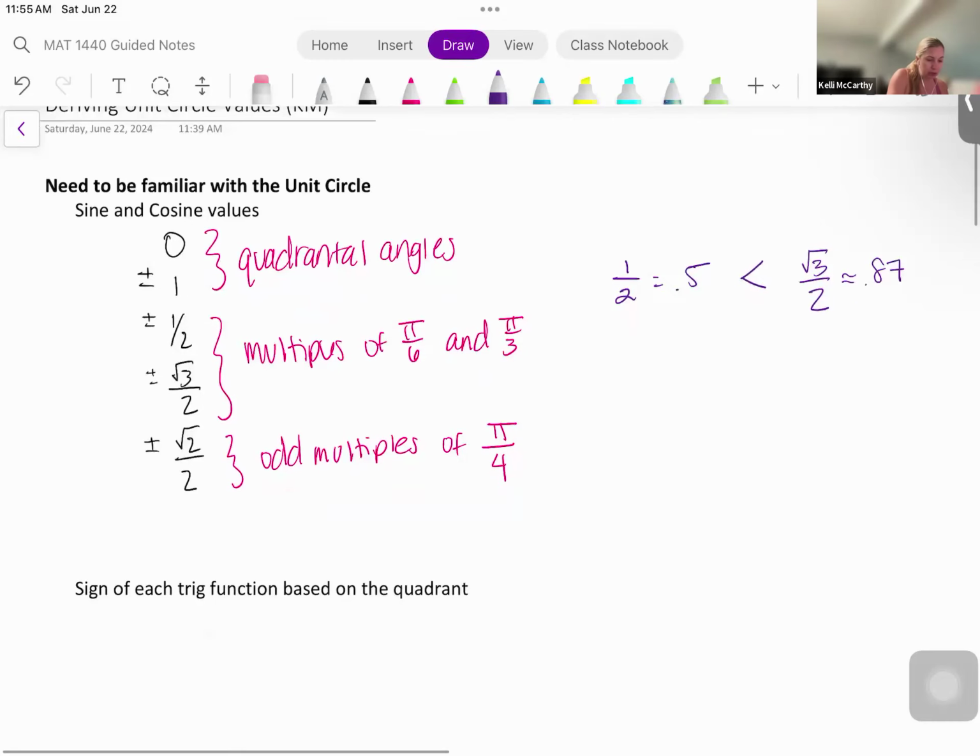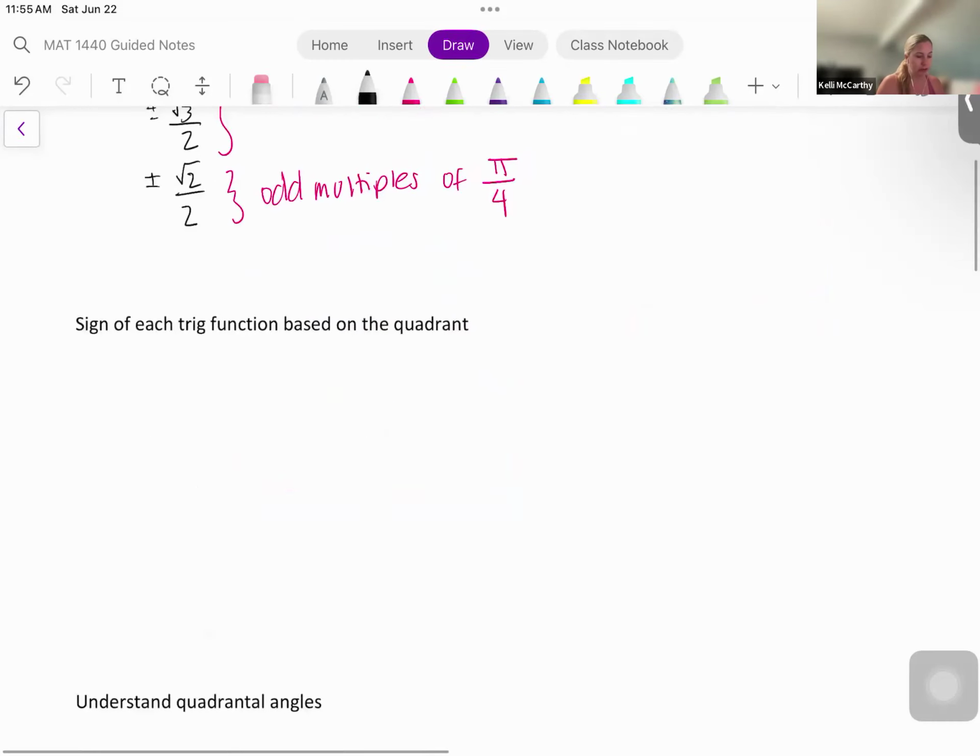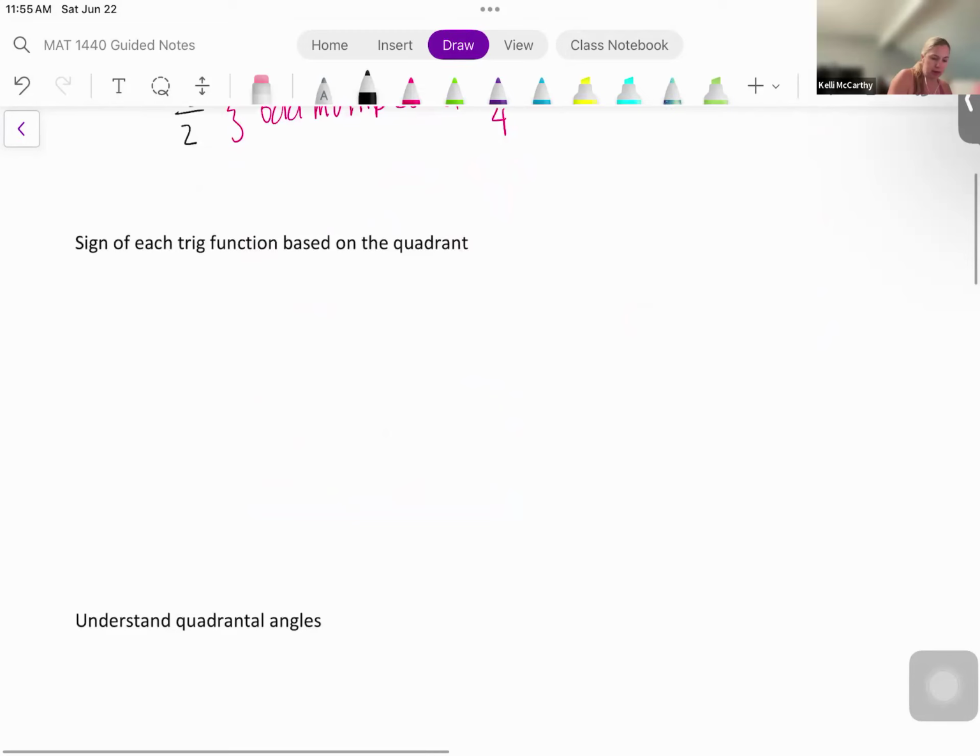We also need to know the sign of each trig function based on the quadrant. If we set up our coordinate grid, in quadrant 1, all of our trig functions are positive.